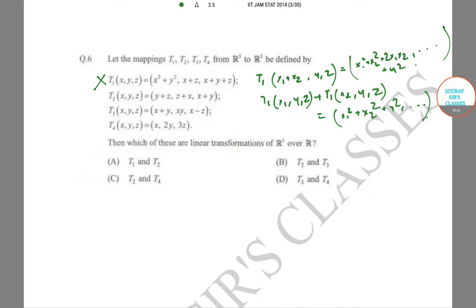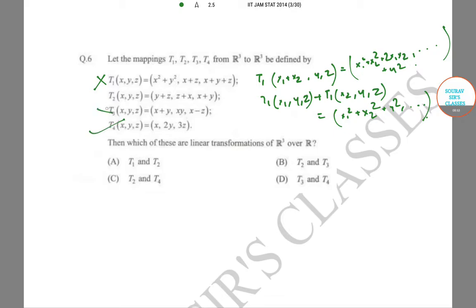Before that, T4 is definitely a linear transformation because each of the coordinates is just a linear map in one variable. T of x, y, z: if we take x1 plus x2, we will get x1 plus x2, 2y, 3z, which is just x1, 2y, 3z plus x2, 2y, 3z, and this is the same for all three variables. This is definitely a linear transformation.